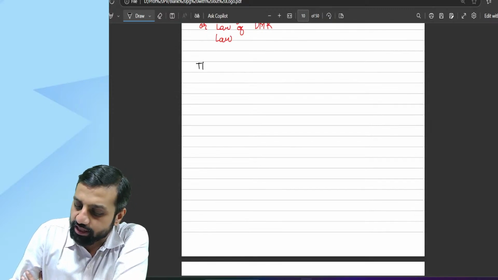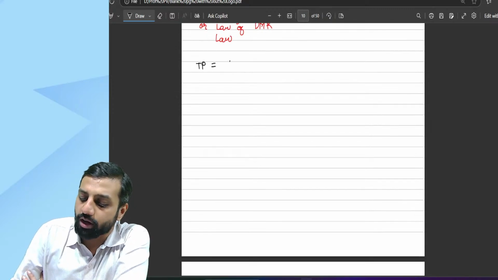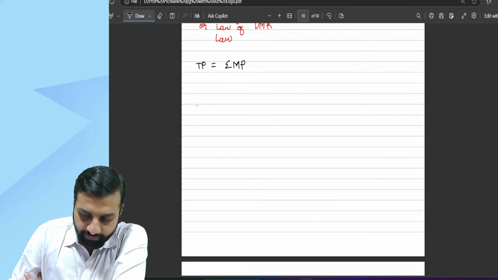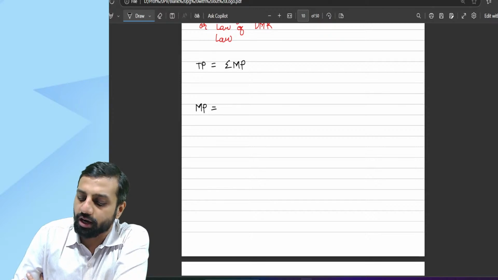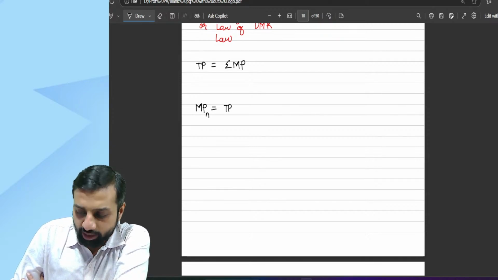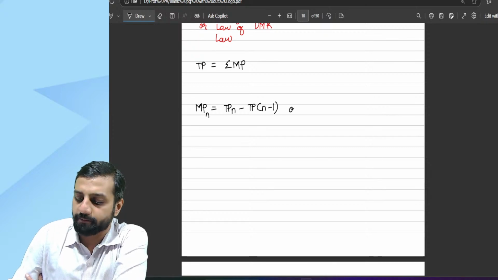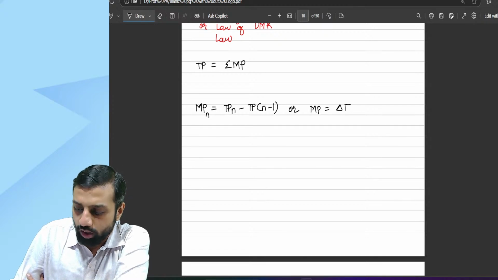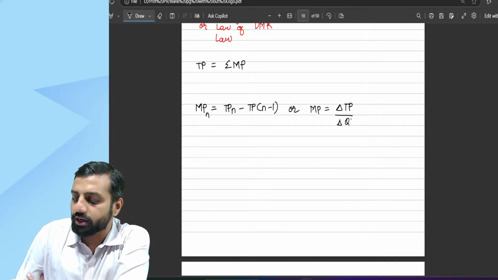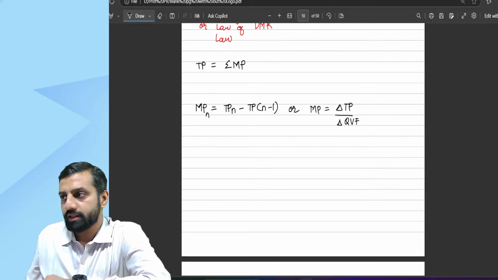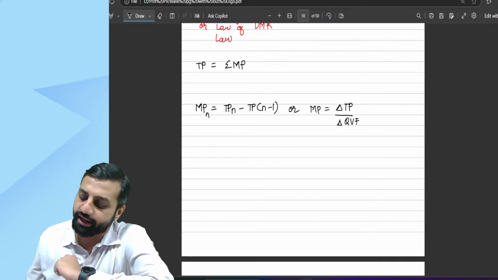In this, we study 3 concepts: total product, which is summation of marginal product; we study marginal product, MP of n is equal to TP of n minus TP of n minus 1, or we can also write MP is equal to delta TP upon delta QVF. Yes, Surya, absolutely correct.